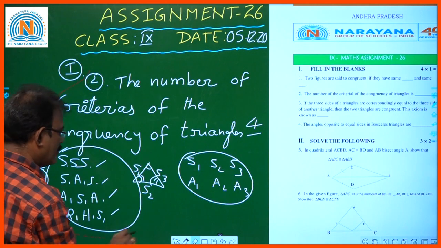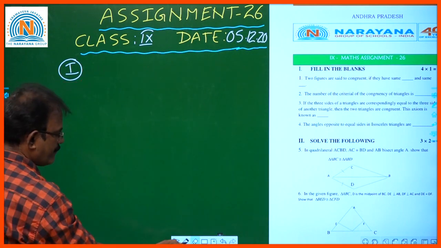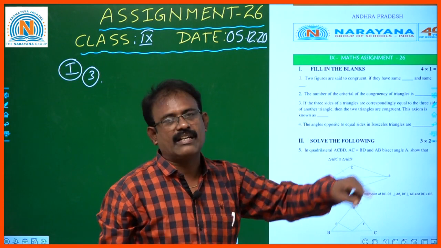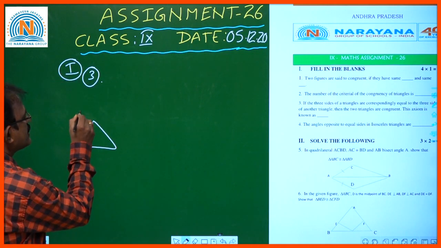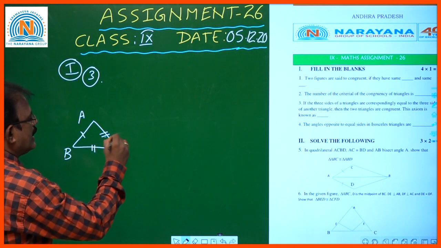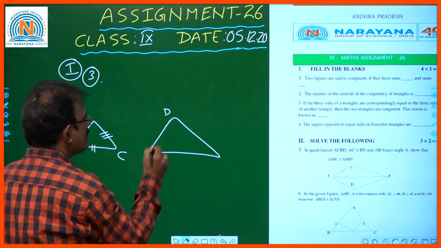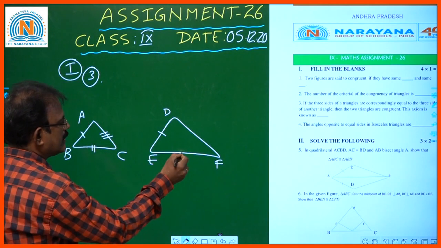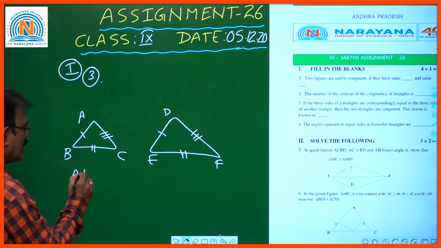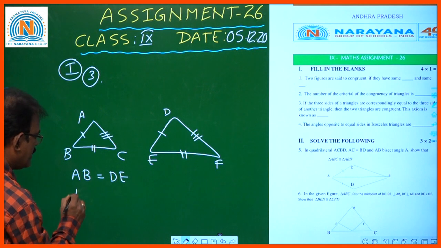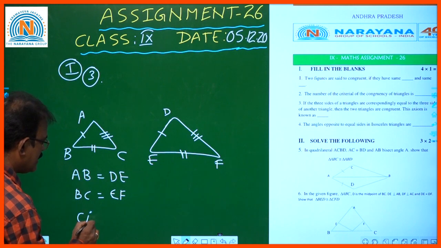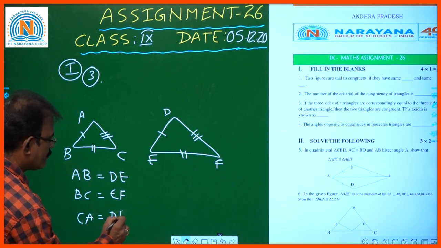Our next question: if the 3 sides of a triangle are correspondingly equal to the three sides of another triangle, that means AB is equal to DE, BC is equal to EF, and CA is equal to DF.